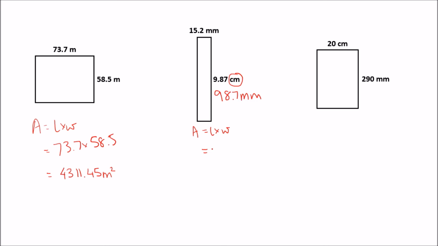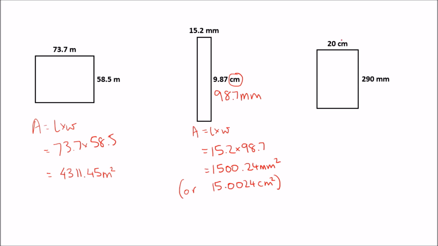We substitute in all of the correct numbers, getting our final answer of 1500.24 millimetres squared. Now we could have done this in centimetres, so we could also get 15.0024 centimetres squared. So if you did that different conversion, then that's your alternative answer.